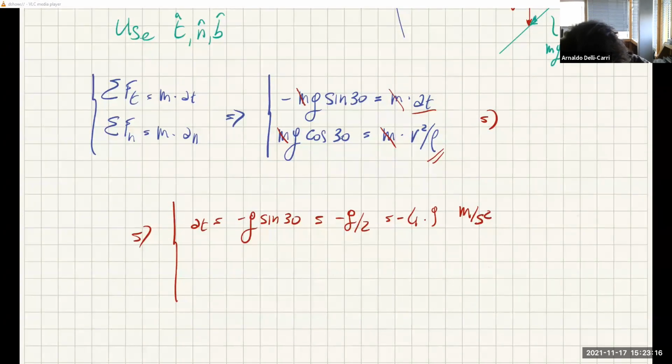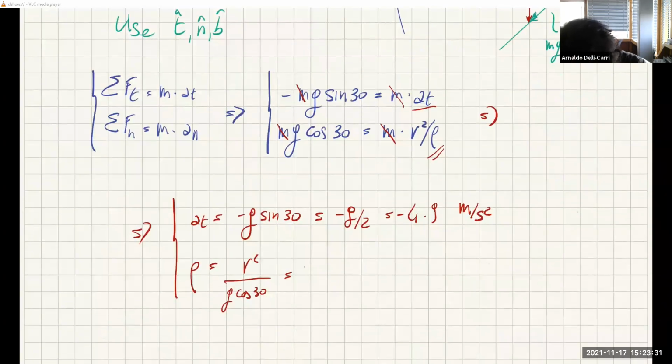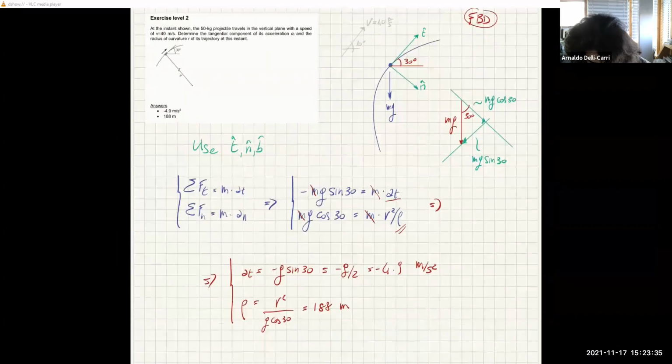And rho equals v squared divided by g cosine 30, which should be equal to 188 meters. There you go. This solves this problem.